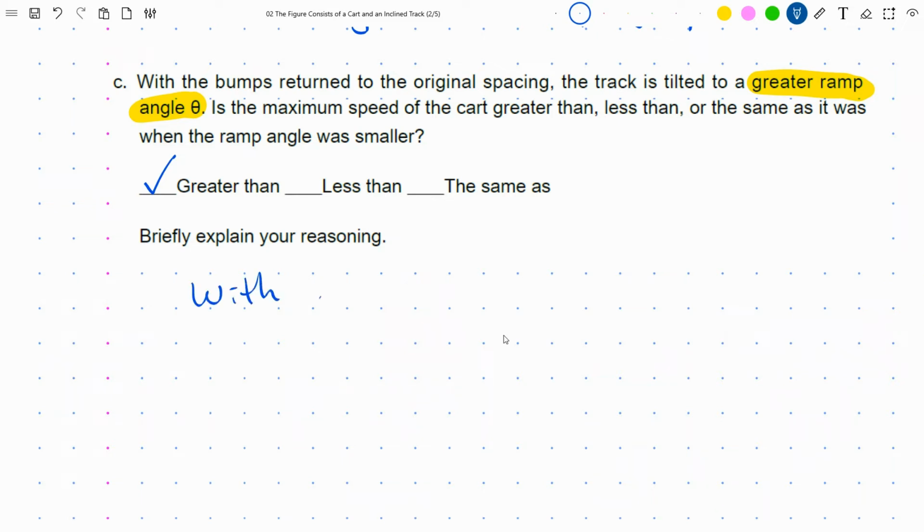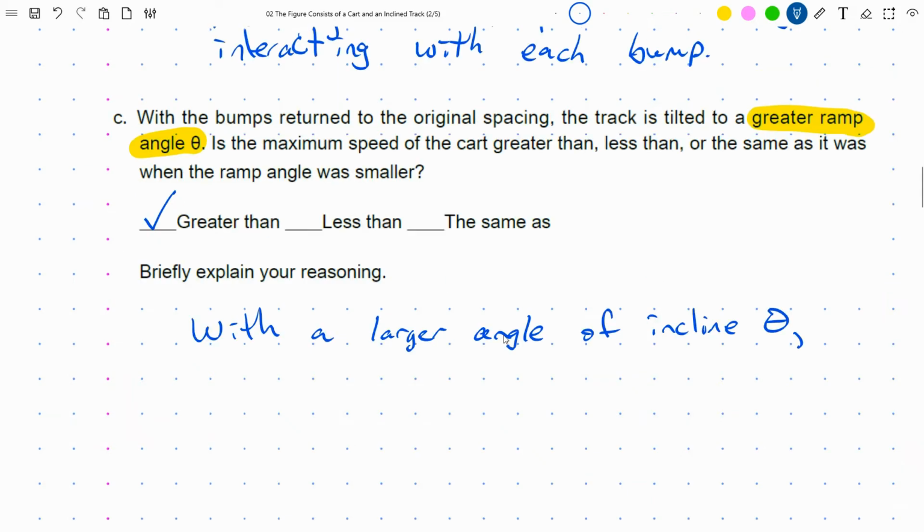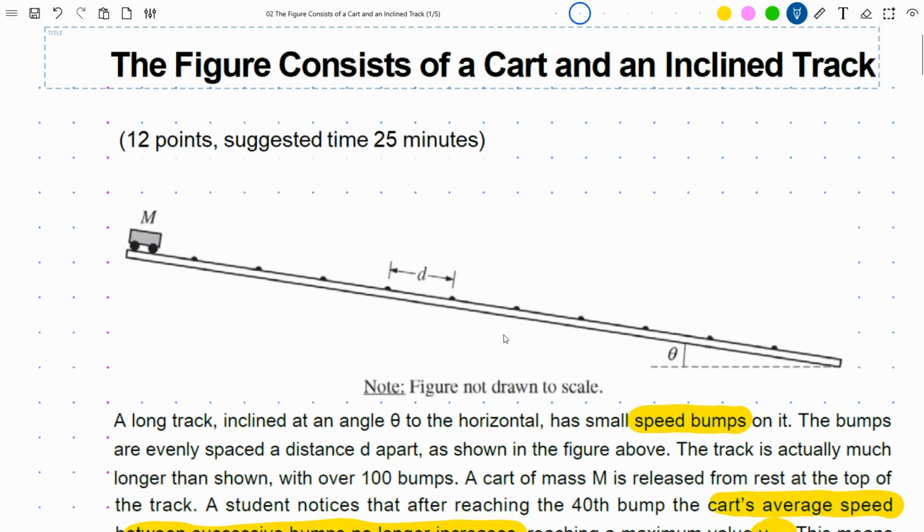With a larger angle of incline theta, the dynamics is that there's a force of gravity pulling down, but that force can be thought of in components. Let me temporarily sketch this in up here.